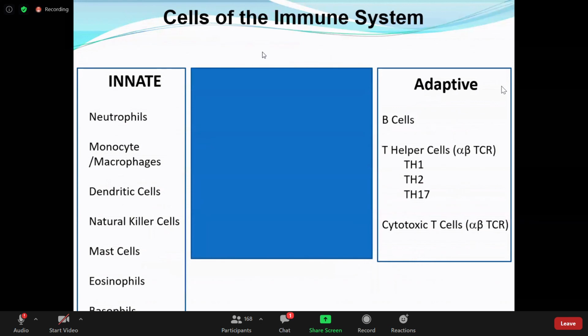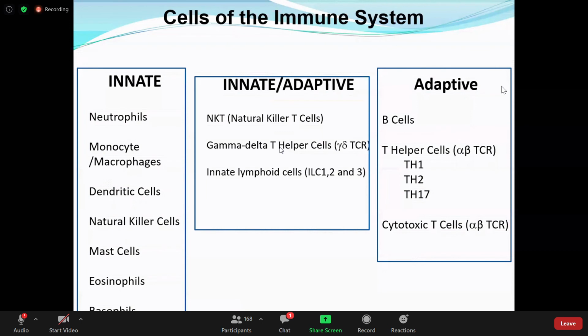In this course, we started off learning that we can divide the immune system into innate immune cells, which have no memory or no ability to adapt, and the adaptive response, which is made up of B cells and T cells. But now we have a gray area.